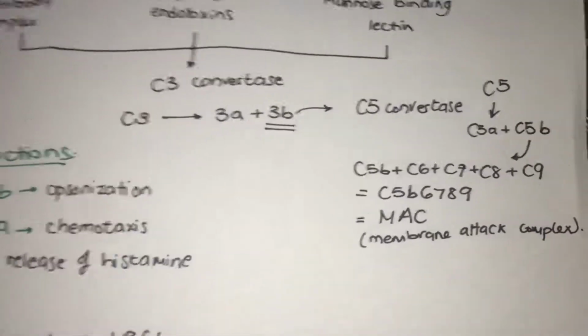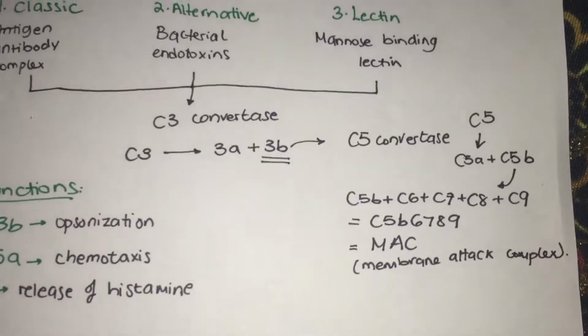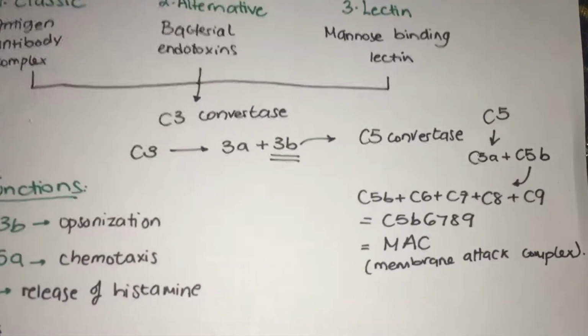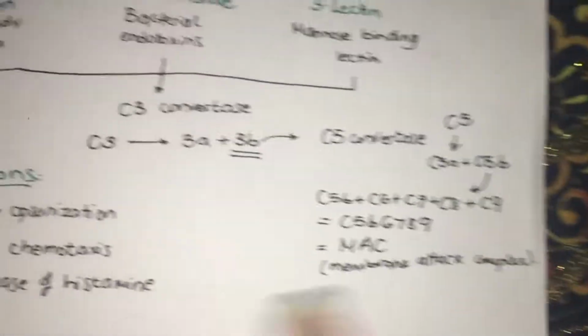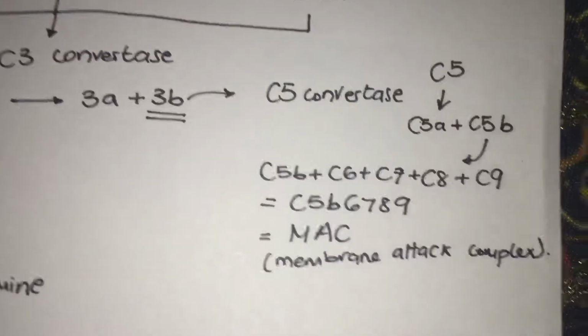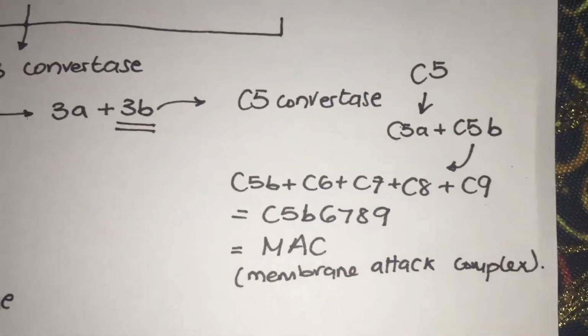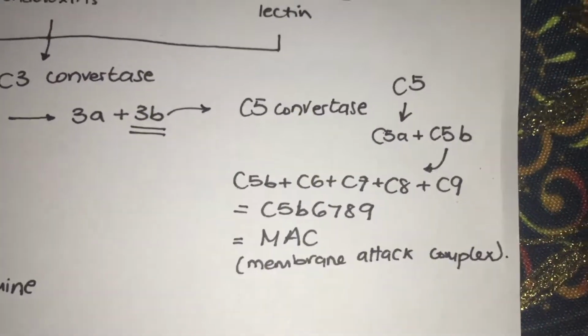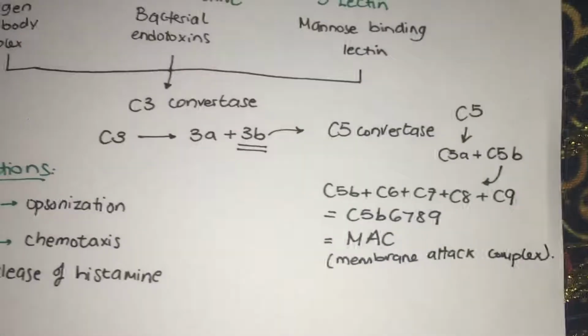Then the C5B joins with C6, C7, C8, and C9 to form C5B 6, 7, 8, 9. And this is basically known as MAC. MAC is an abbreviation for the membrane attack complex. Membrane attack complex function is that it attacks membranes, or it destroys it, therefore destroying the foreign body.